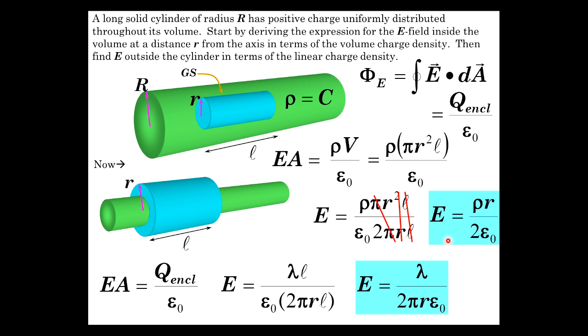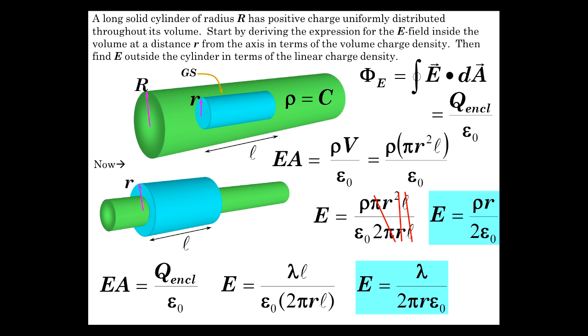Notice the striking difference between these two expressions. Namely, inside we have the electric field proportional to r. Outside, the electric field is inversely proportional to r. That's quite explicable when you consider the fact that inside, the charge enclosed by this volume is proportional to the volume, which is R squared for a cylinder of fixed length.